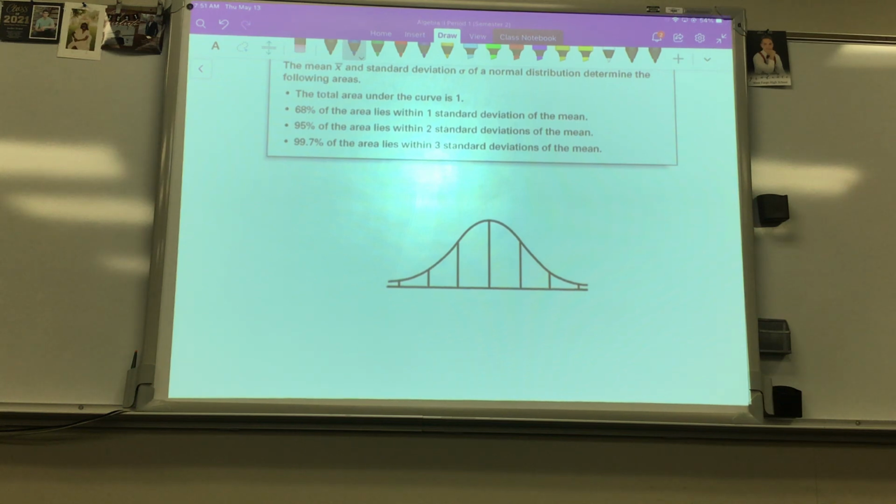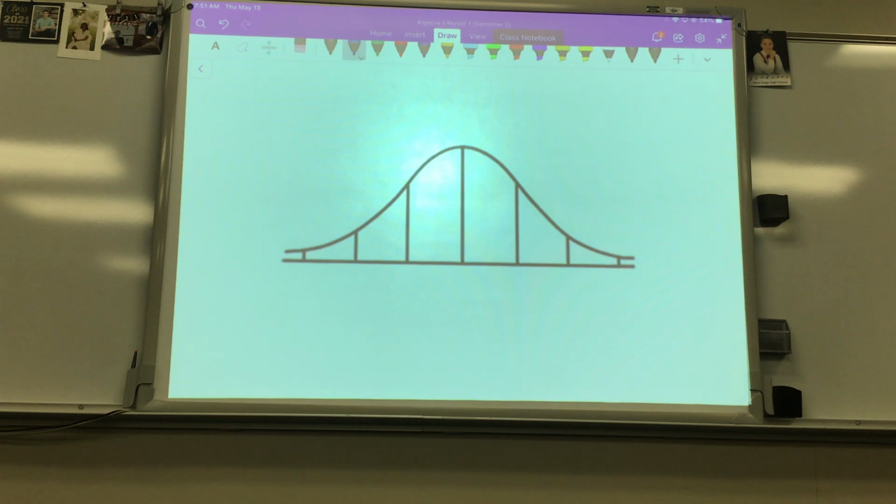So again, one deviation away, how much is that? 34%, or you can think of it as 0.34. What was that next one? 13.5% or 0.135.